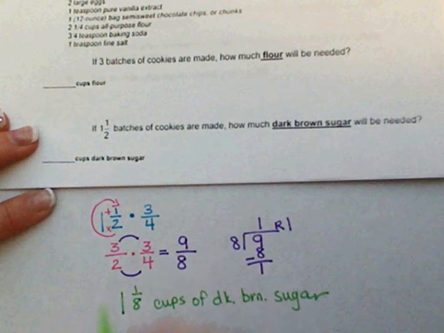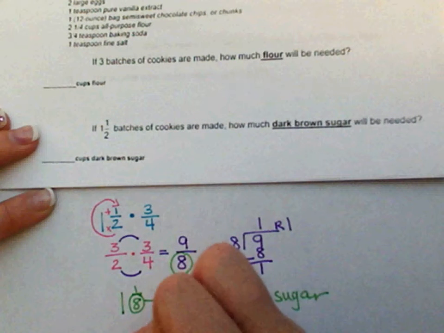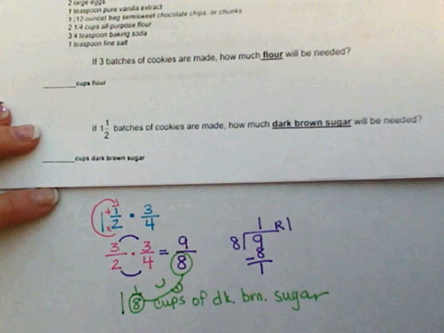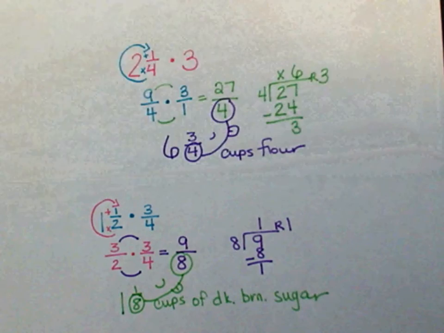So my answer is 1 1/8 cups of dark brown sugar. And always just make sure your denominators do not change.